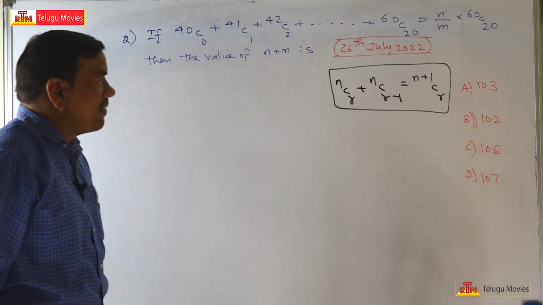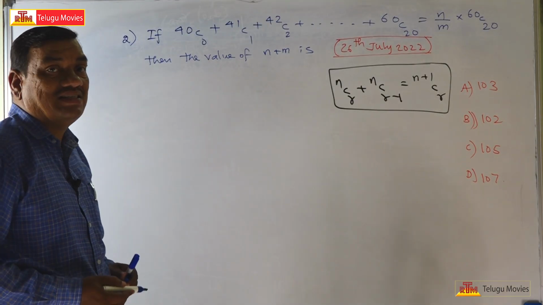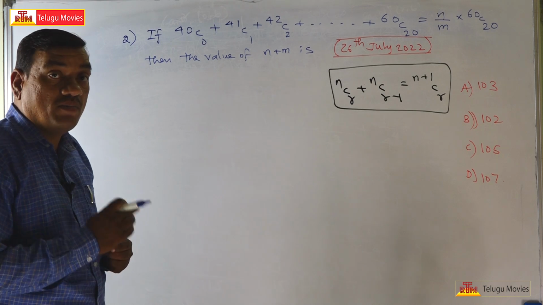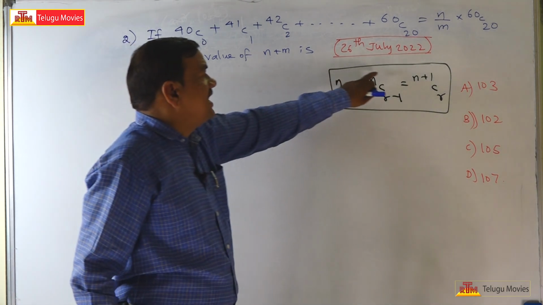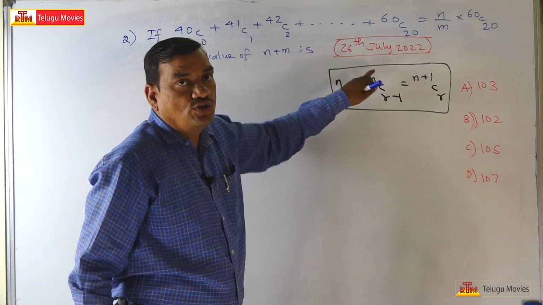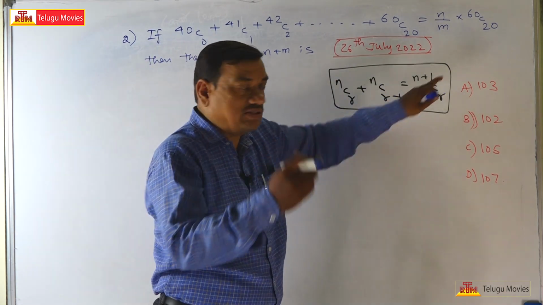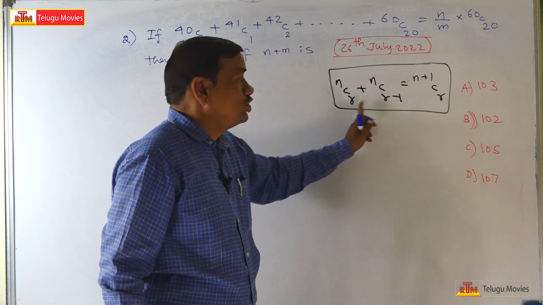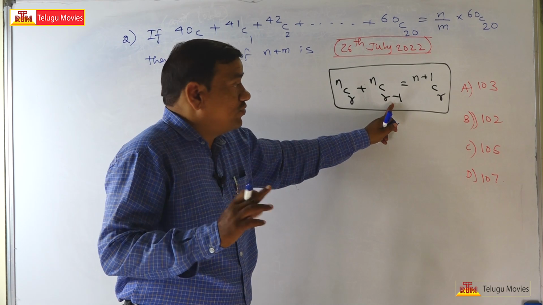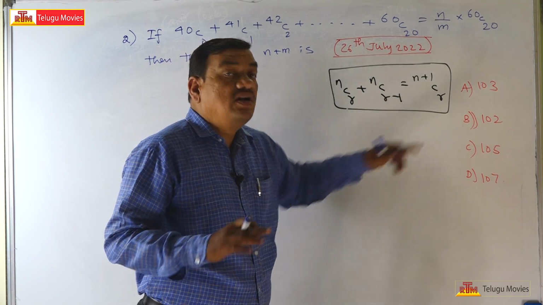Such a type of formula is there that you have to remember. Right. So, here n both should be same. Then you will get n plus 1 C r. Whichever these two should be consecutive, whichever is the bigger one, that value comes.